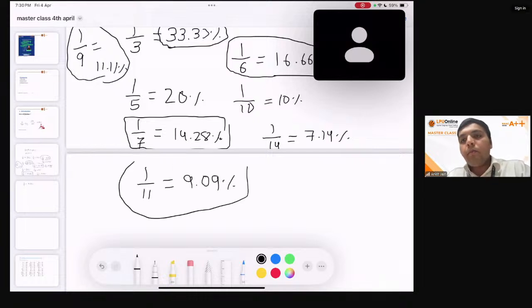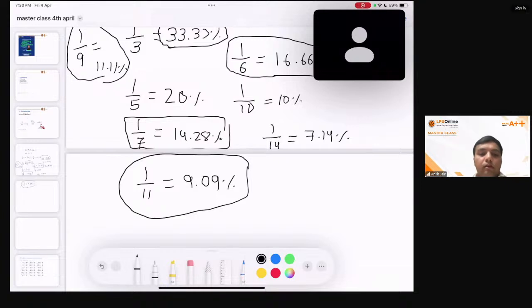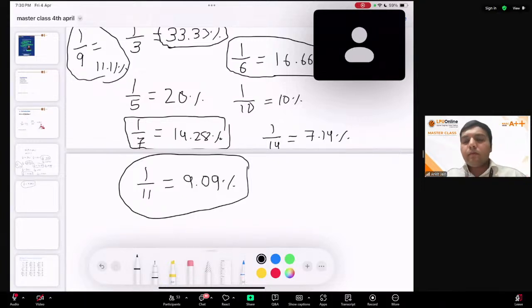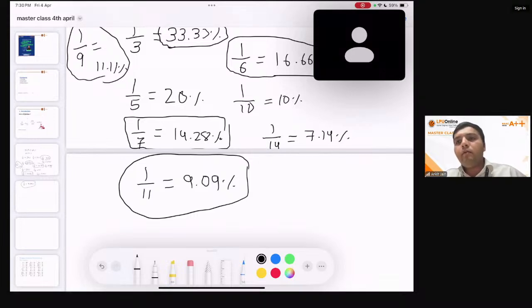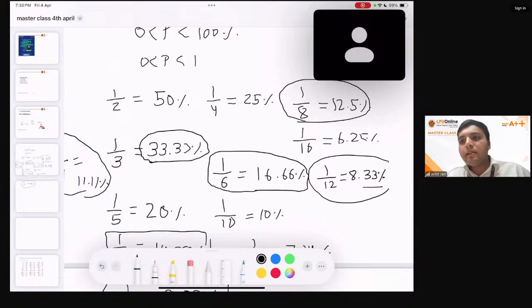These values are very important, the basics of percentage. If you know these values, the question will be very easy. You can solve it very easily. 1 by 10 is 10%. 1 by 12, we have discussed, is half of 1 by 6, which is 8.33%.